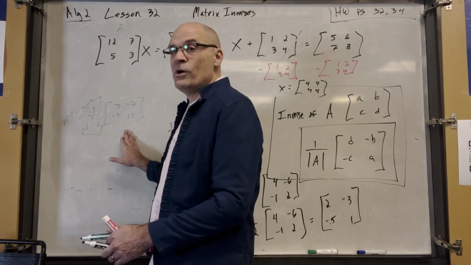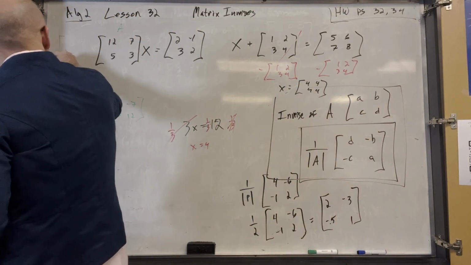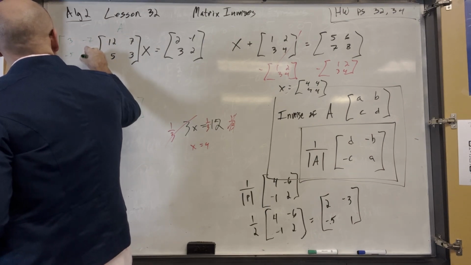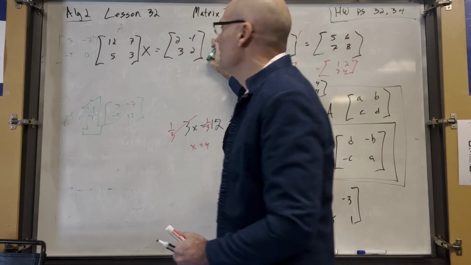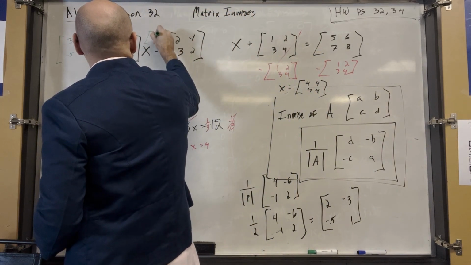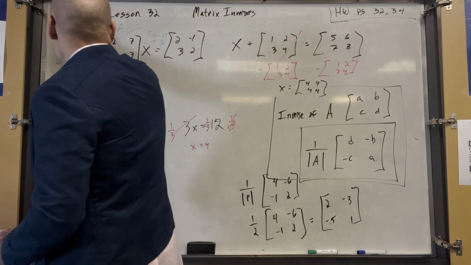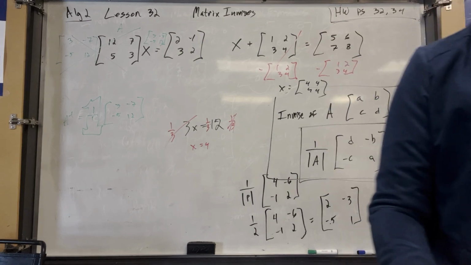So this is what we're going to multiply to cancel this out. We multiply this side by [3, -7; -5, 12], but this time, instead of putting it over here, we're going to put it right here. [3, -7; -5, 12]. Well, here's the deal. These cancel, because that's going to give you the identity matrix, right?